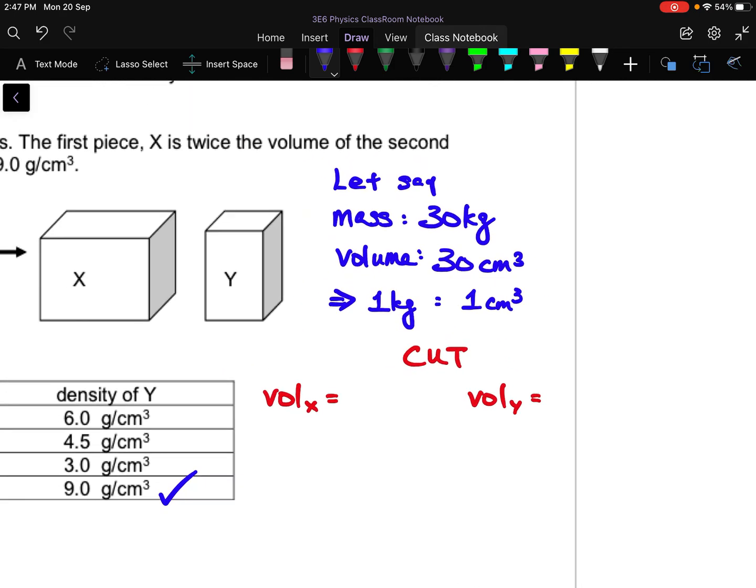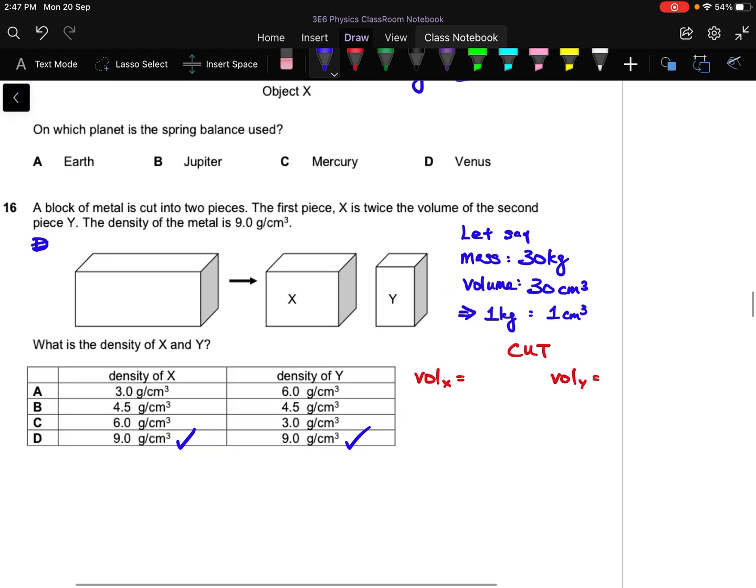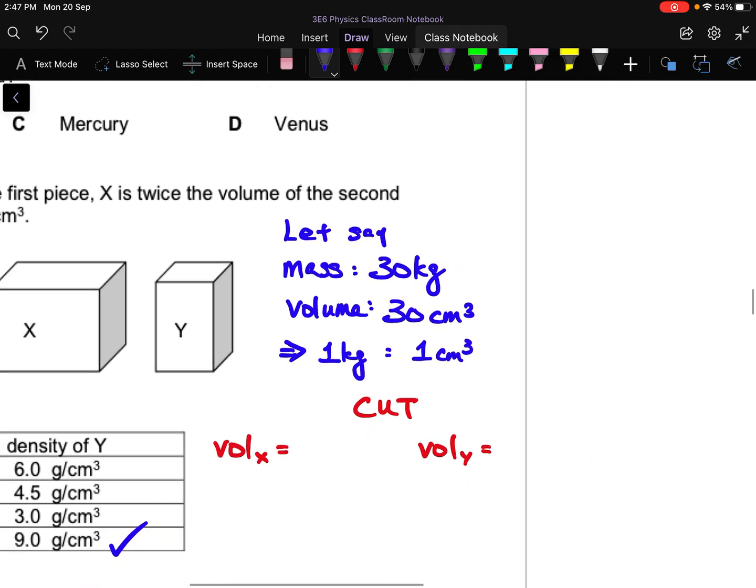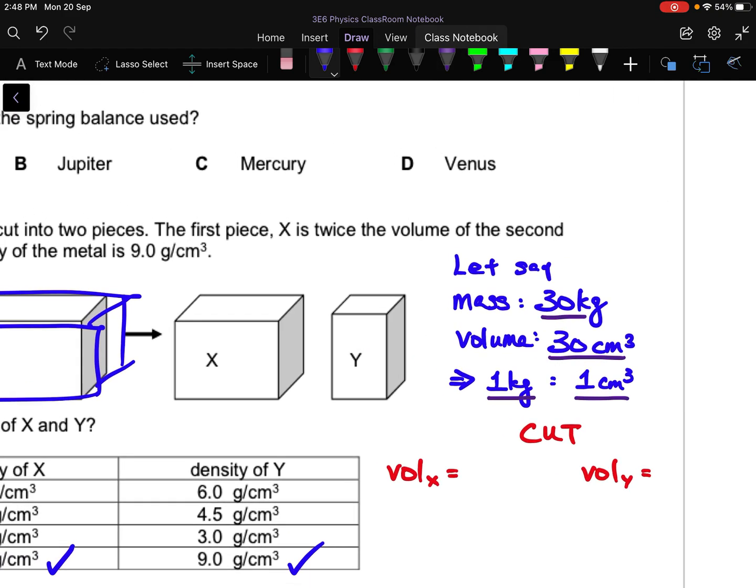So let's say the original big piece of material has a mass of 30 kg and a volume of 30 cm cube. These are just some dummy values that I have created. From this, I would know that every 1 kg of this material is 1 cm cube. So I'm going to cut it so that the ratio is 2:1.